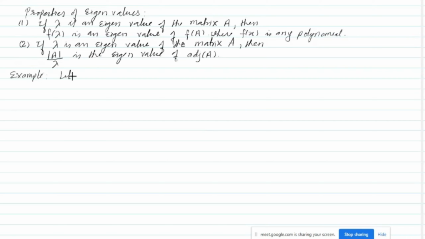Let A be the given matrix: 1 0 0, -3 2 0, 6 1 3.